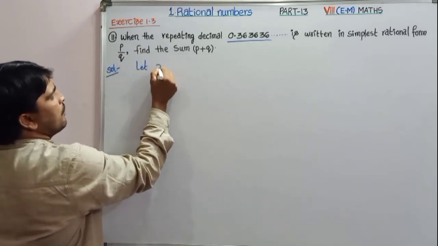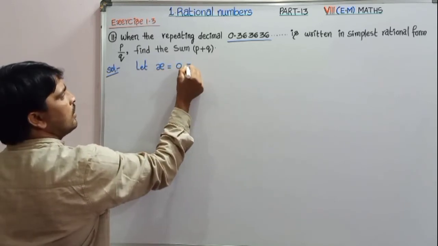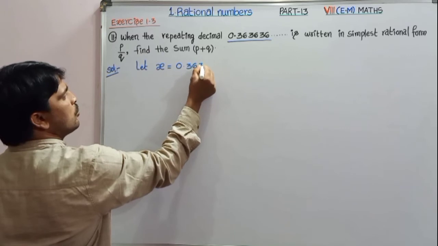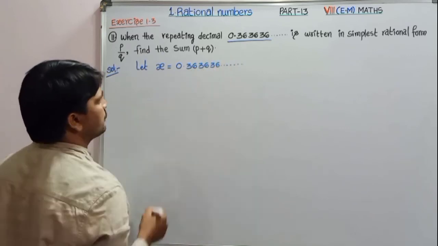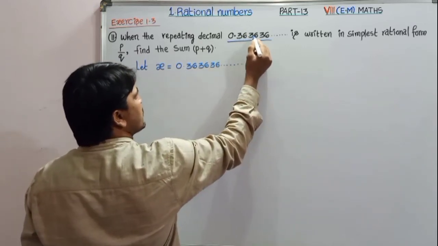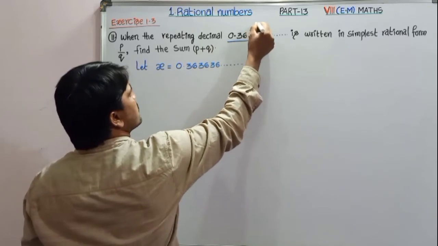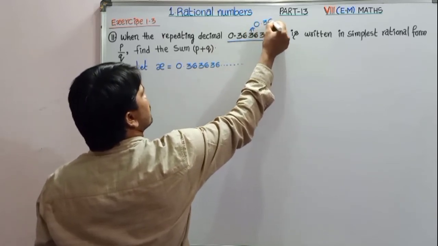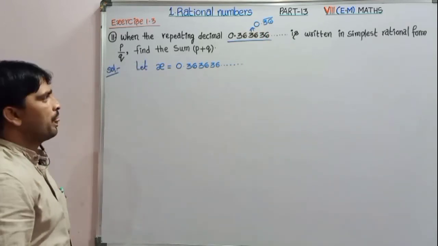Let the given number be x, that is x equal to the given non-terminating recurring decimal 0.3636. Since the digits 3636 are recurring in the decimal part, it can be written as 0.36 bar, as 3 and 6 are recurring digits.